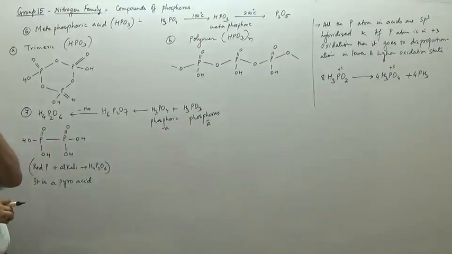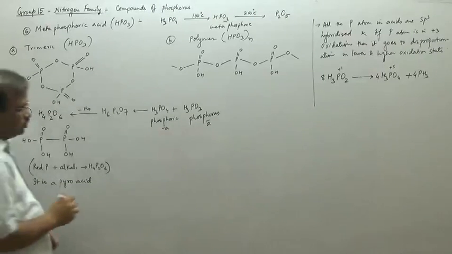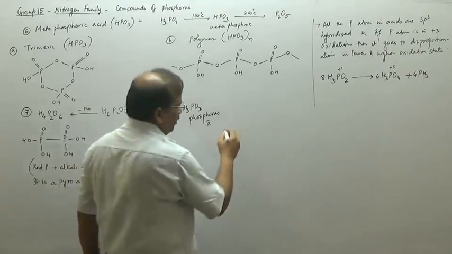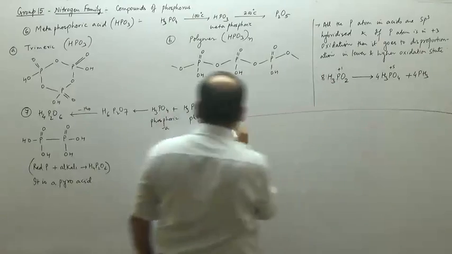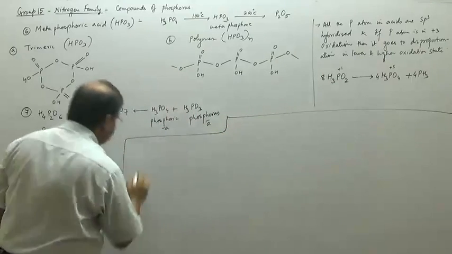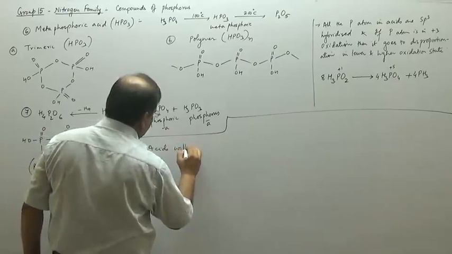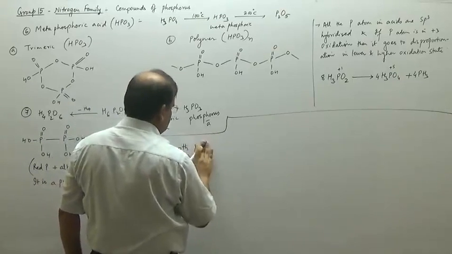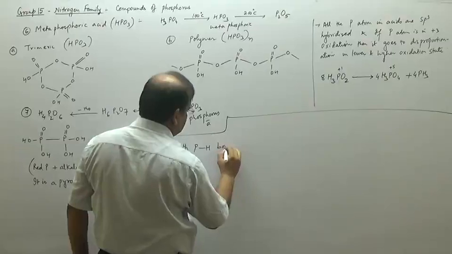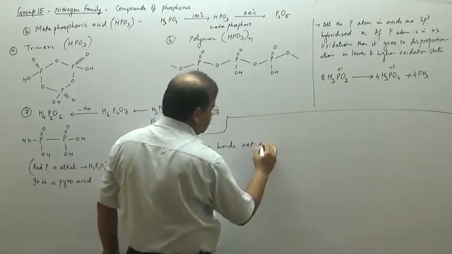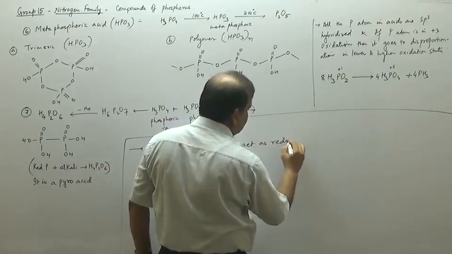Now, the acids with a P-H bond. We know that the acids with a P-H bond are strong reducing agents. So we'll write some information. So acids with P-H bonds act as reducing agents.